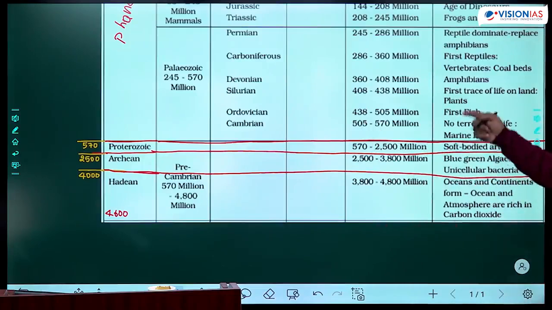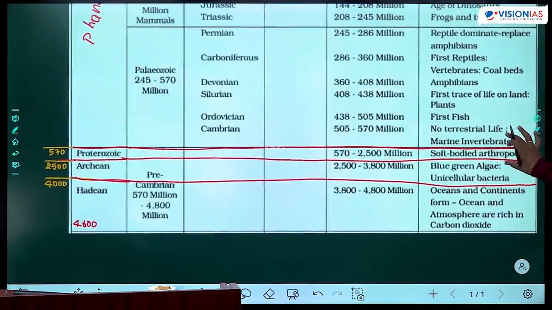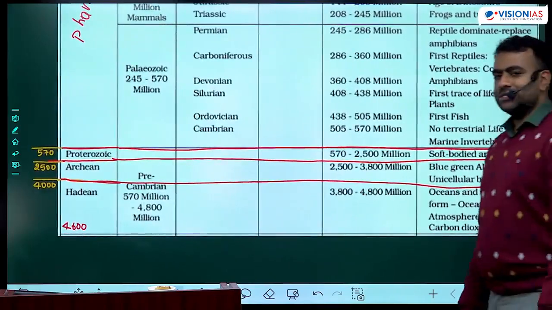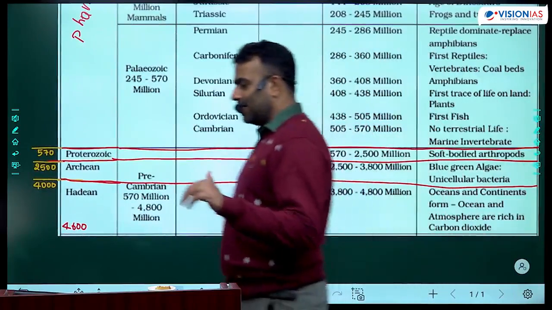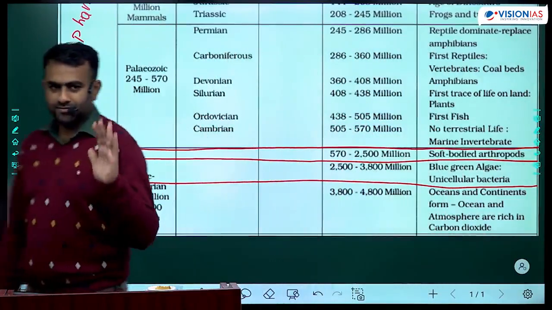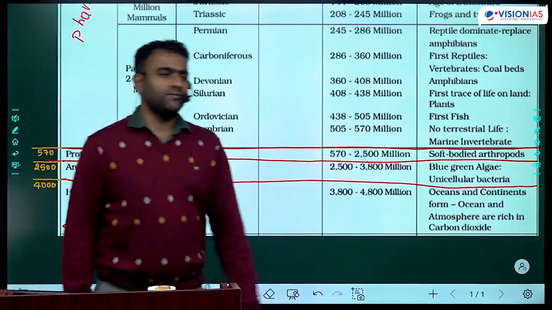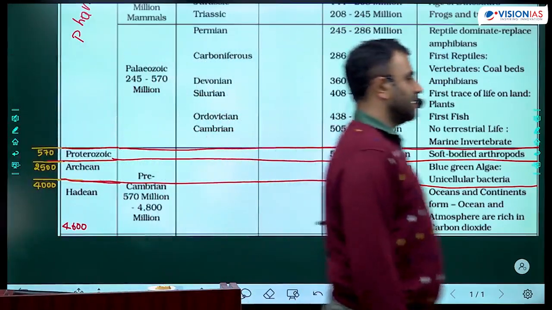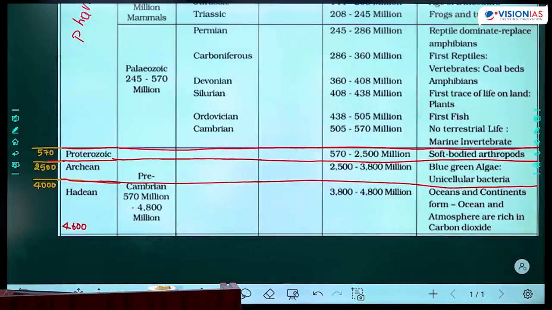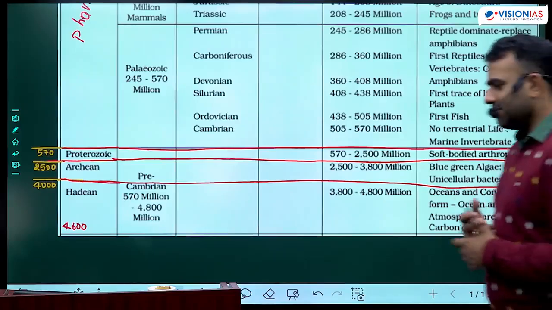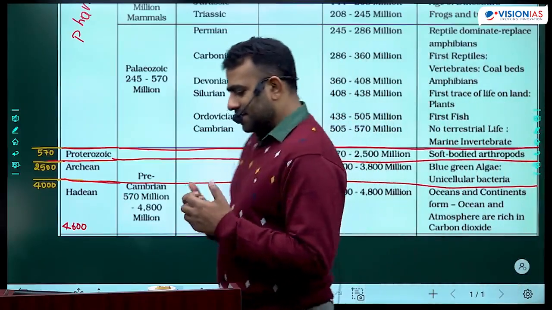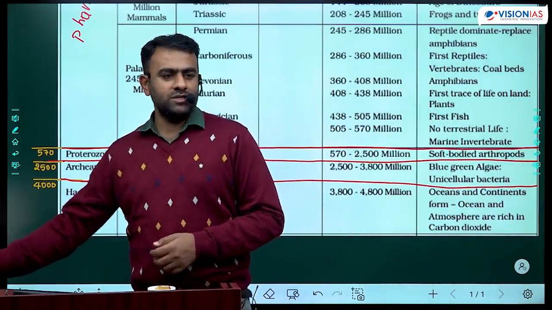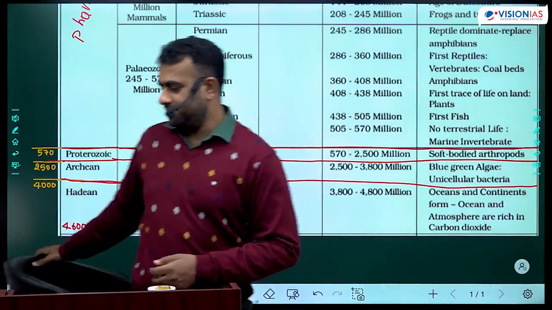From 2500 to 570 is when we have the evolution of this blue green algae, the single cell organism, into multicellular organism. How did the multicellular organism evolve? Look, the most primitive was BGA, more primitive than that was LUCA, then BGA came. After BGA, a single cell will start to function in the form of multiple cells.